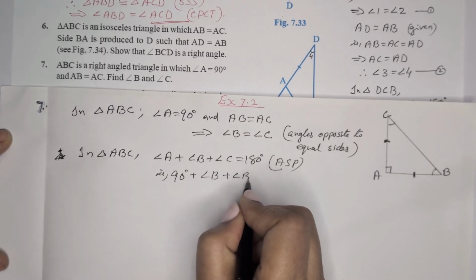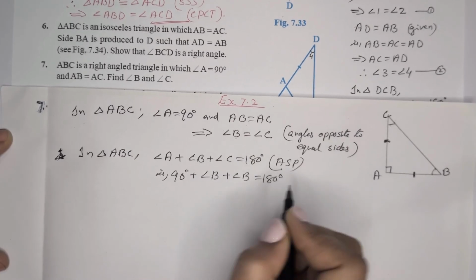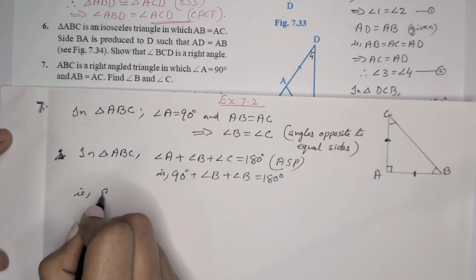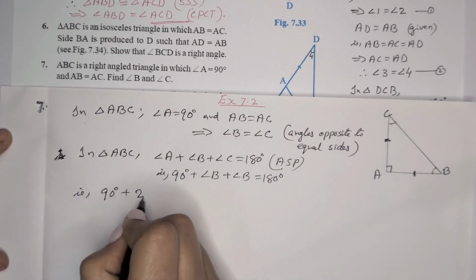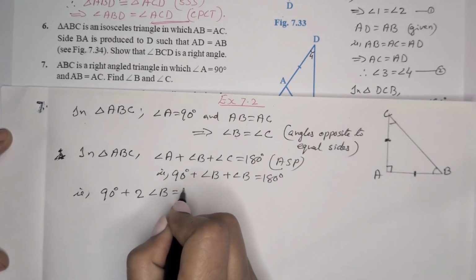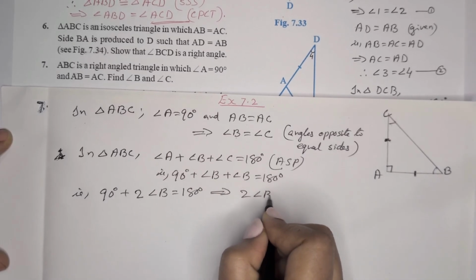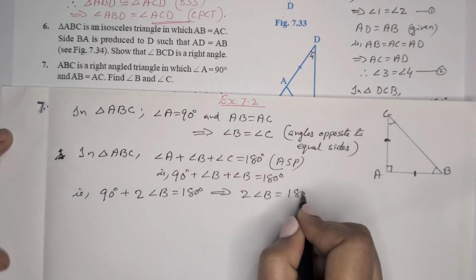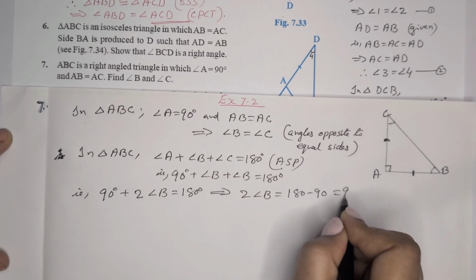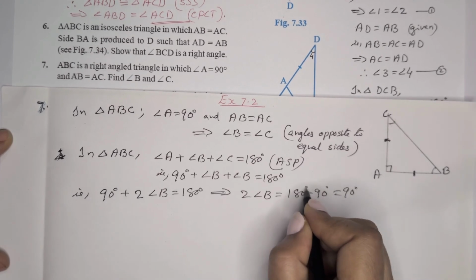So 90 degrees plus 2 times angle B is equal to 180 degrees, which implies 2 angle B is equal to 180 minus 90, which is 90 degrees.